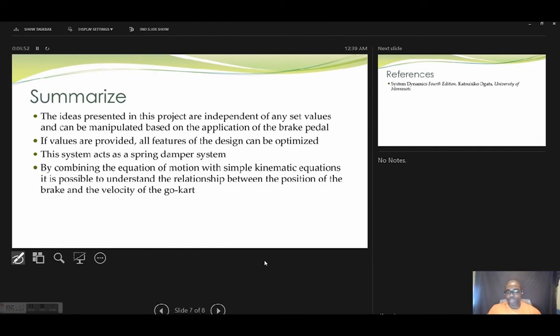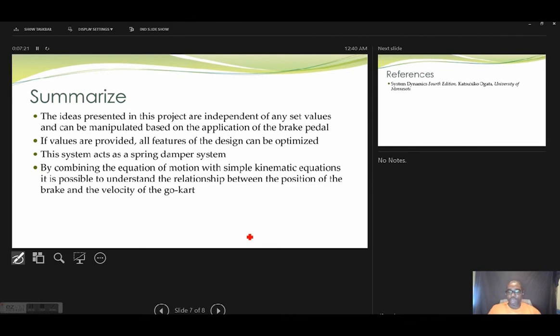This system does act as a spring damper system, which means it has a damper on it, it has a spring on it, and it has something that causes a reaction from the damper and spring, some force F, or some function of force as a function of time T, that causes the spring and the damper to react.